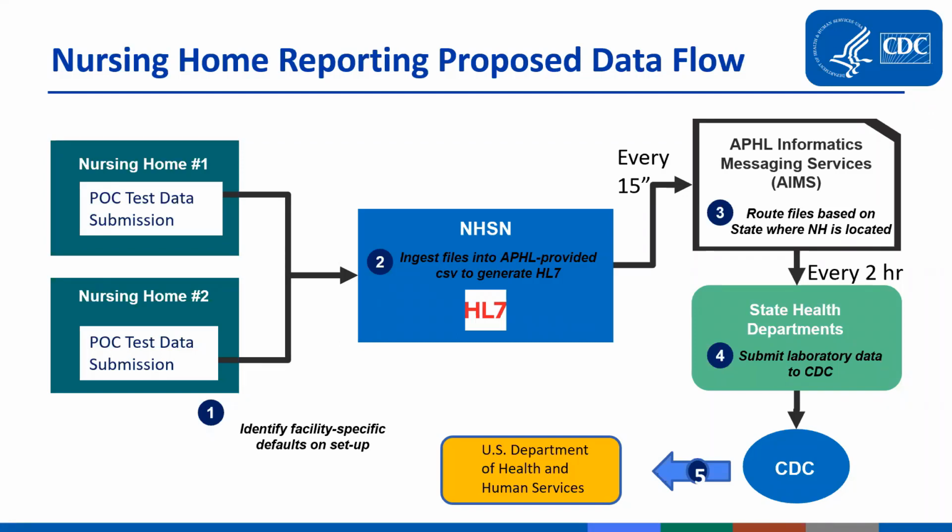State health departments then submit the laboratory data to the CDC. And from the CDC, the data is communicated to the US Department of Health and Human Services in a de-identified manner. To date, more than 22 million test results have been reported to NHSN from over 7,500 nursing homes.